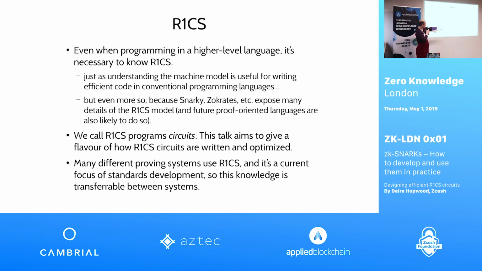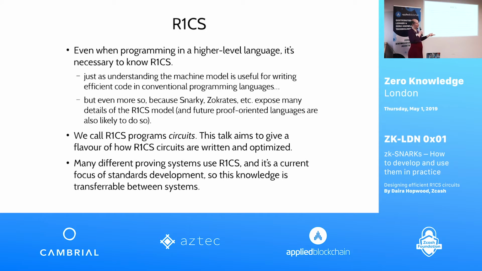So the reason we want to learn R1CS, besides that, is it's used by lots of different proof systems. So you've heard of bulletproofs and Groth16, BCTV14, which is the original system that was used by Zcash. Groth16 is the newer one.